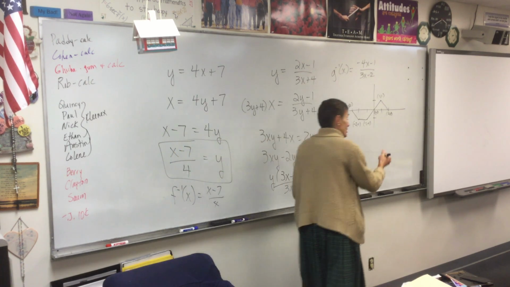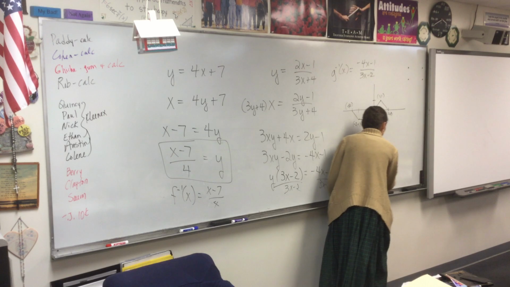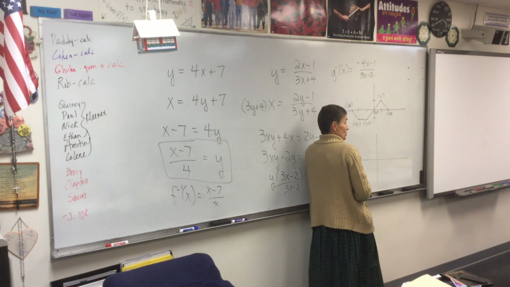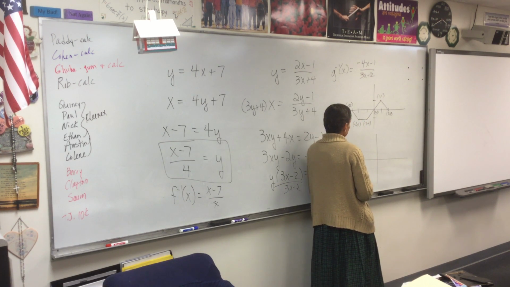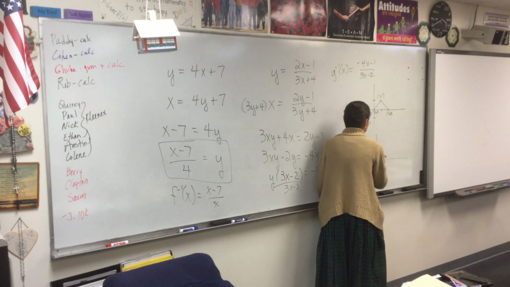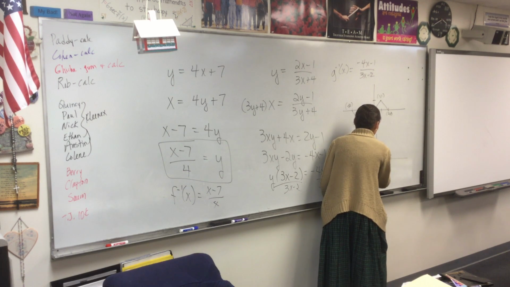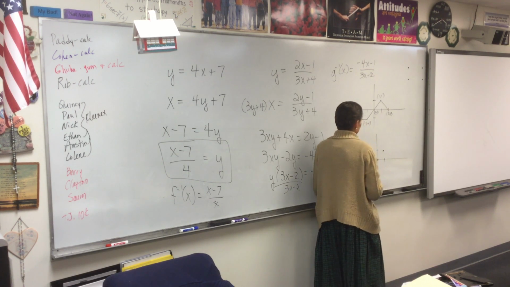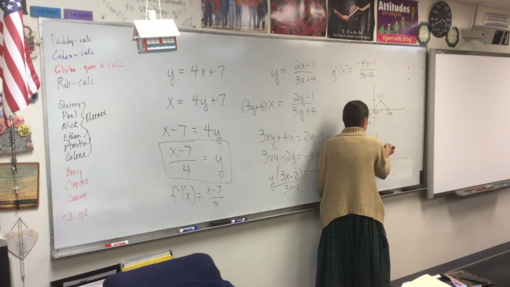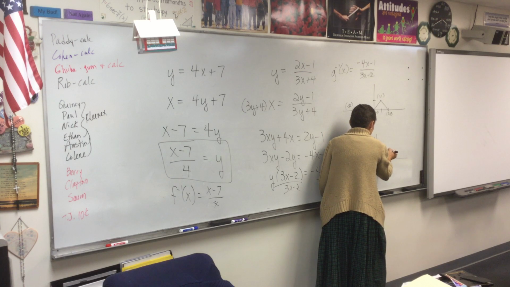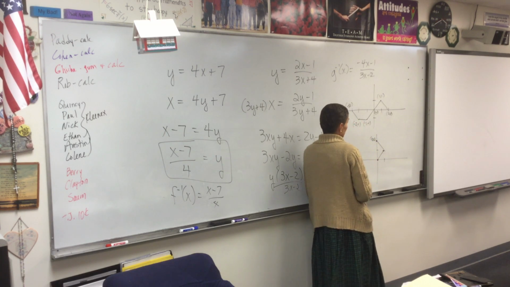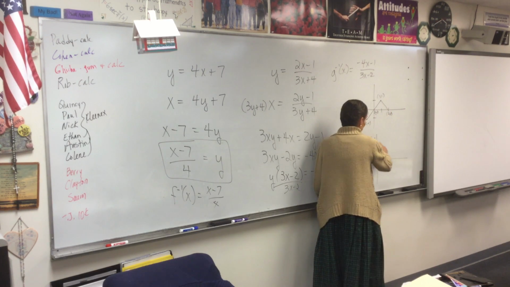And when I sketch the inverse, what do I do? I switch the ordered pairs. So 0, 0 stays the same. 1, 1 stays the same. But 2, 0 will become 0, 2. So there's my triangle. It used to look like that. Now it looks like this.